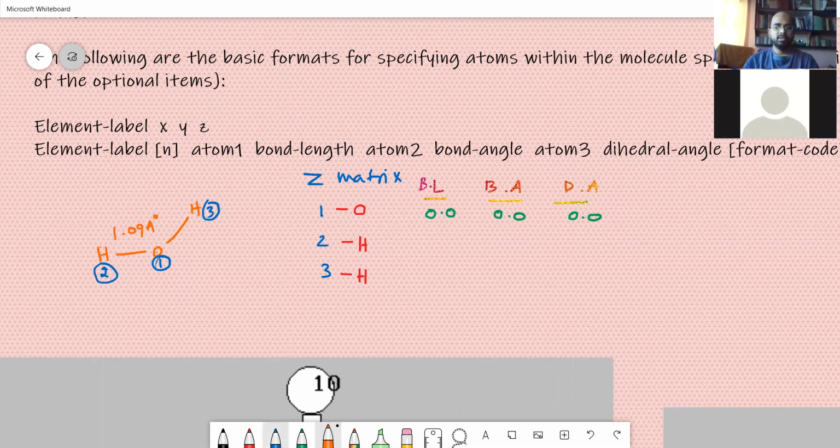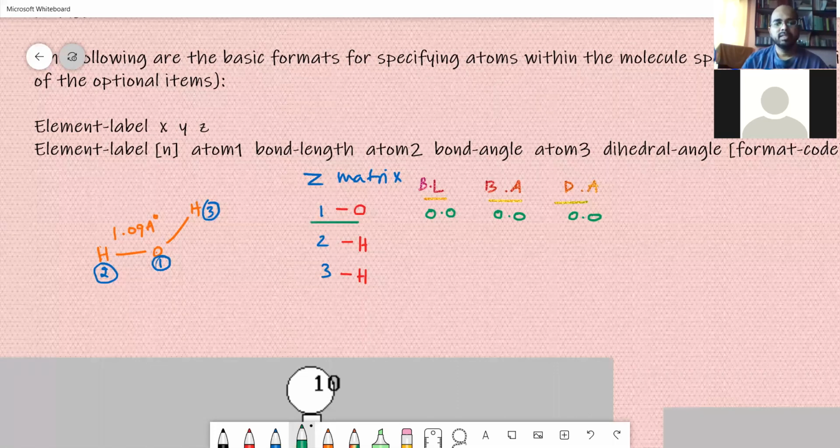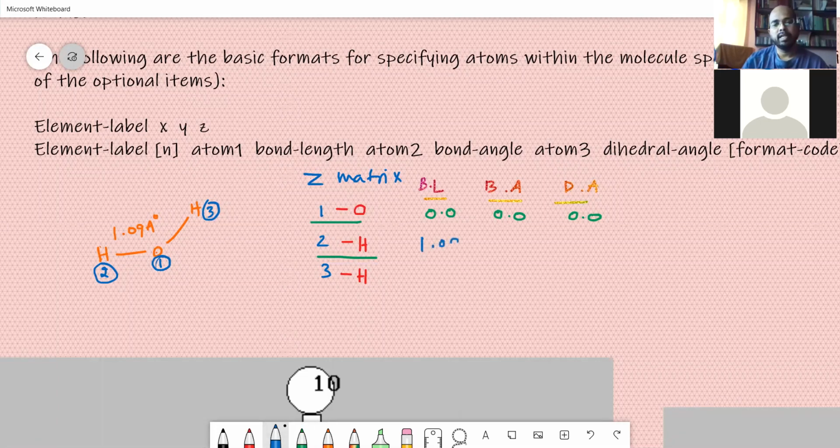So for the second atom, it is 1.09. Now, this particular bond length has no angle at all, so I'll write 0 0.0, and the dihedral angle also is 0 0.0.